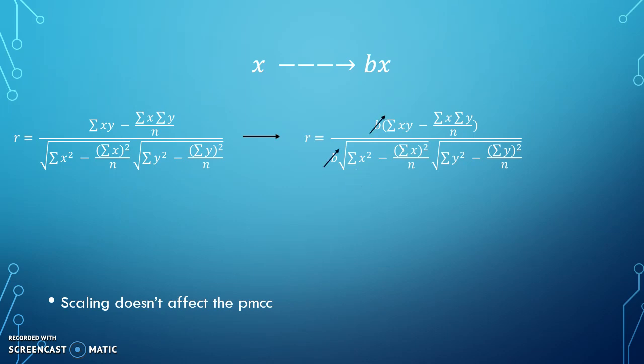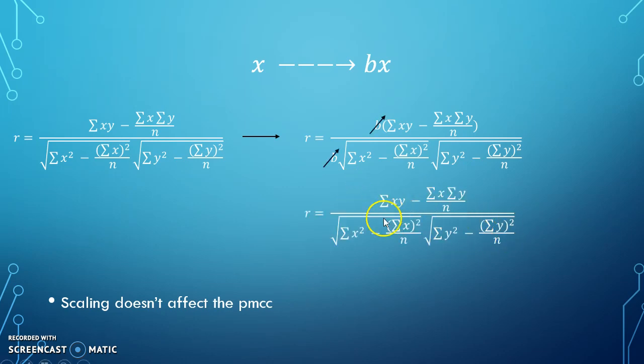What we get is the original correlation coefficient, exactly the same as the original, which means that scaling doesn't affect the product moment correlation coefficient. In other words, it still remains the same.